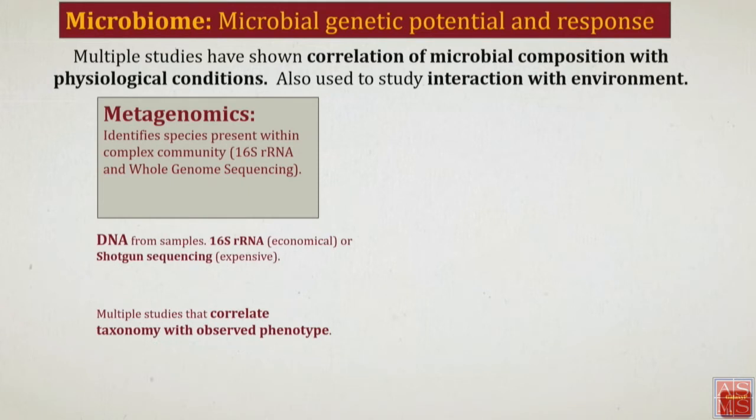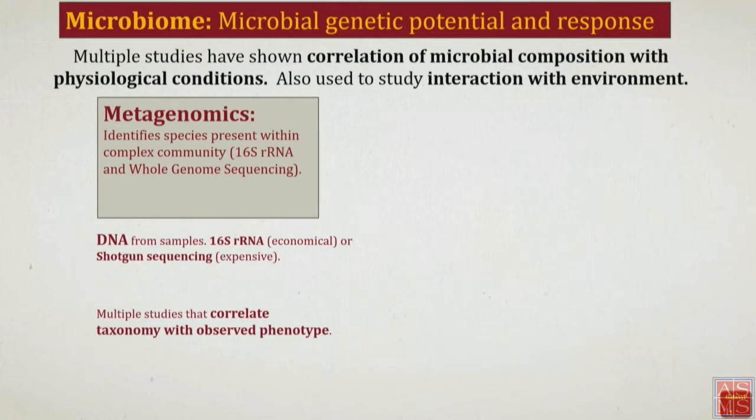Most of the research in microbiome has been focused on using DNA molecules. Metagenomics is an extremely advanced field. If you search NCBI PubMed, you'll see a lot of publications in this particular field.